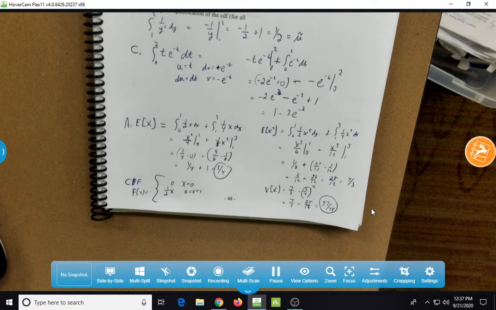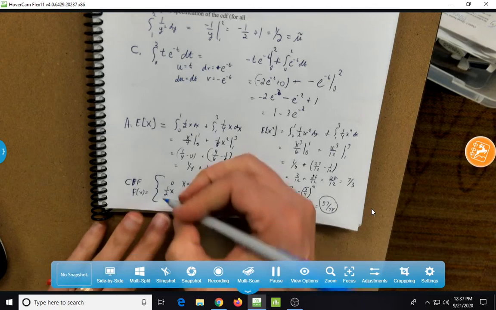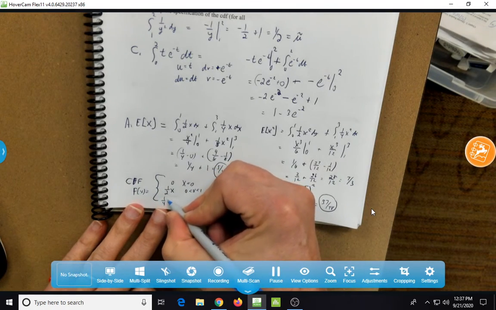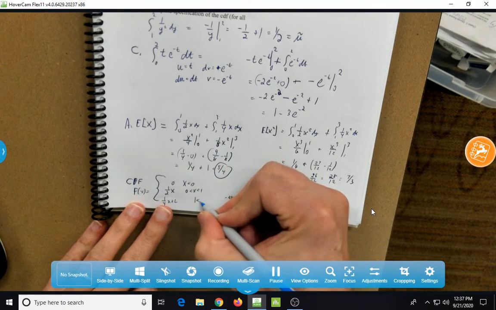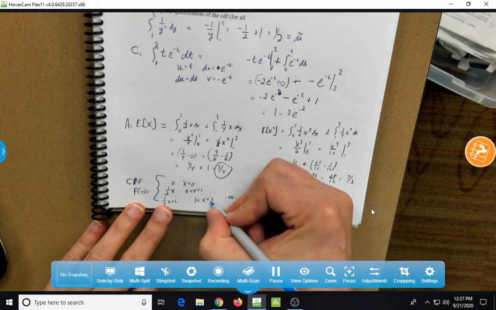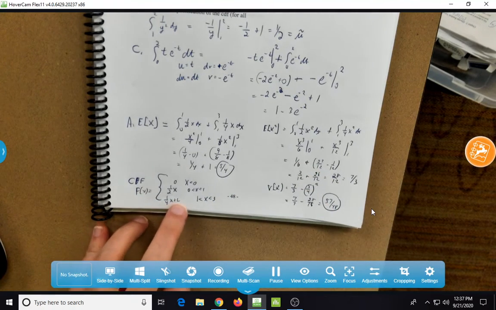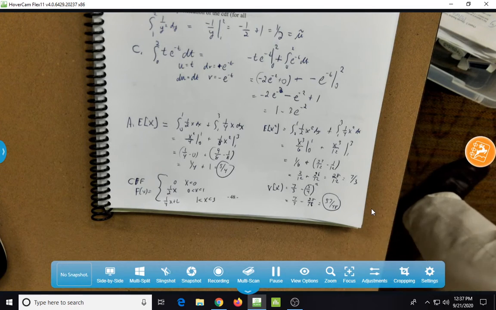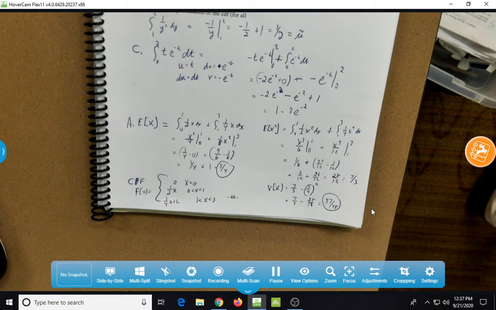Now, the thing about the third one, though, is, what's the antiderivative of 1/4? 1/4 x plus a constant. So if I'm going to go from 1 to 3, what does this constant have to be for it to work out okay? It has to be such that if I plug in x equals 1, I've got to have 1/2 here.